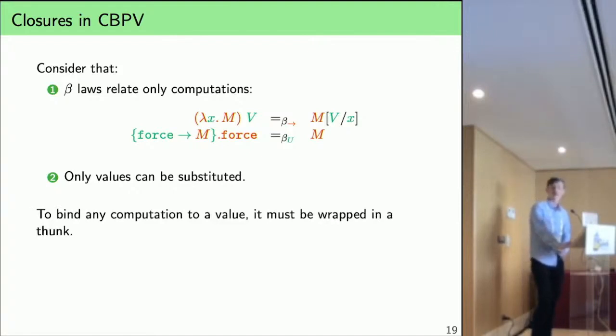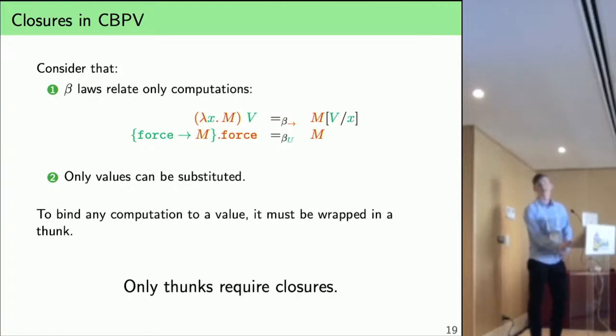So in call by push value, because of the shifts, we have to, by the syntax, go through a thunk in order to pass a computation to another part of the program. So that is the place where we need to put closures for call by push value.